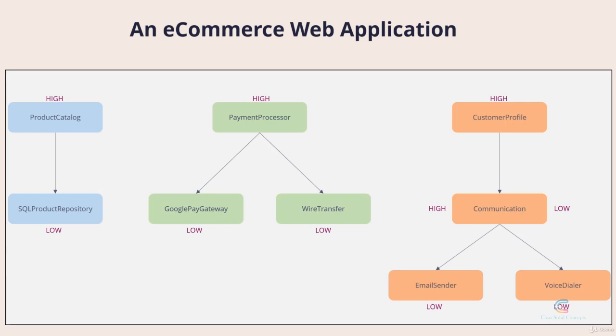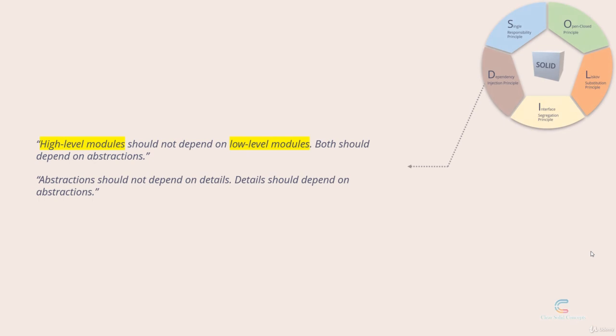The point here is that whether a module is a high-level or low-level module is relative and not absolute. Let's see our definition again, the first part alone for now. So we have covered the terms high-level module and low-level module.